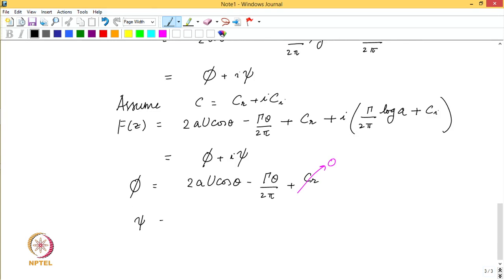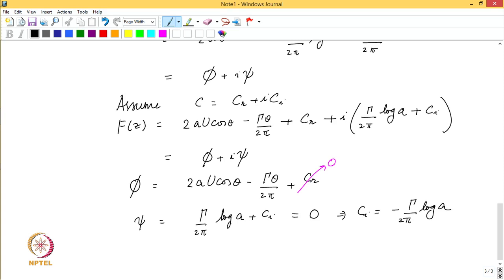And I will take ψ, which is Γ by 2π log of a plus c_i, which I want to be 0 at this surface. So, c_i should be minus Γ by 2π log of a.